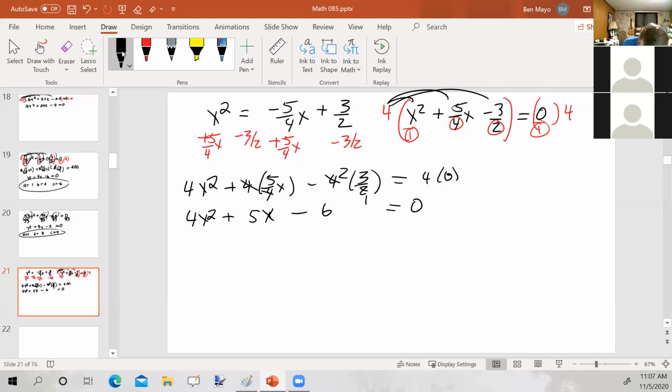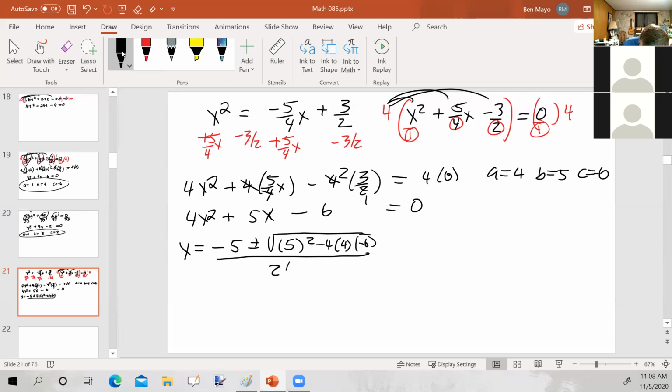All right, so we've got, let's see here. A is 4, B is 5, and C is -6. Okay, so x equals -5 plus or minus the square root of 5 squared minus 4 times 4 times -6, all over 2 times 4.